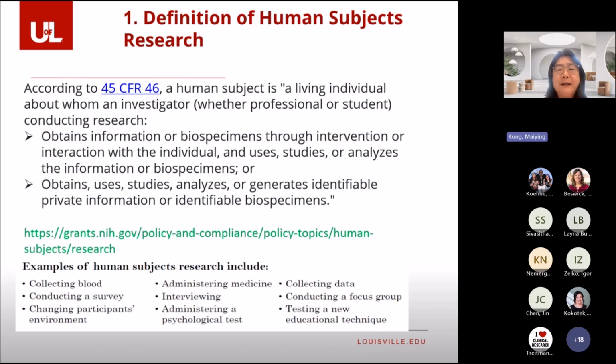Definition of human subject research, according to the NIH: it involves living individuals.